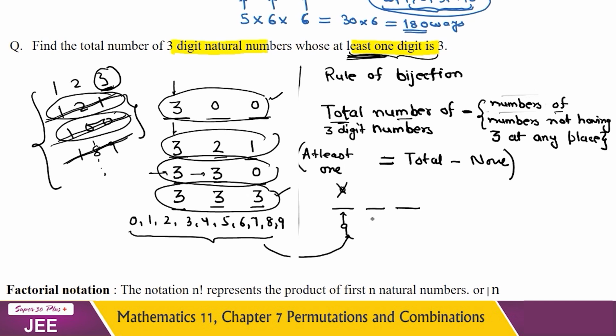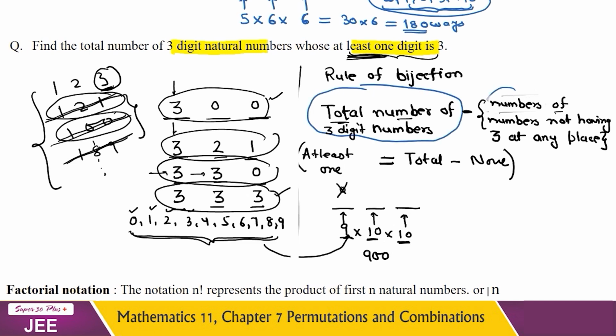Now in how many ways can the second place be filled? At this place I can have either 0 or 1 or 2 or 3, any one of these 10 digits. So the second place can be filled in 10 ways. Similarly, the third place can also be filled in 10 ways. So the total number of 3-digit numbers is 9 multiplied by 10 multiplied by 10, which is equal to 900.